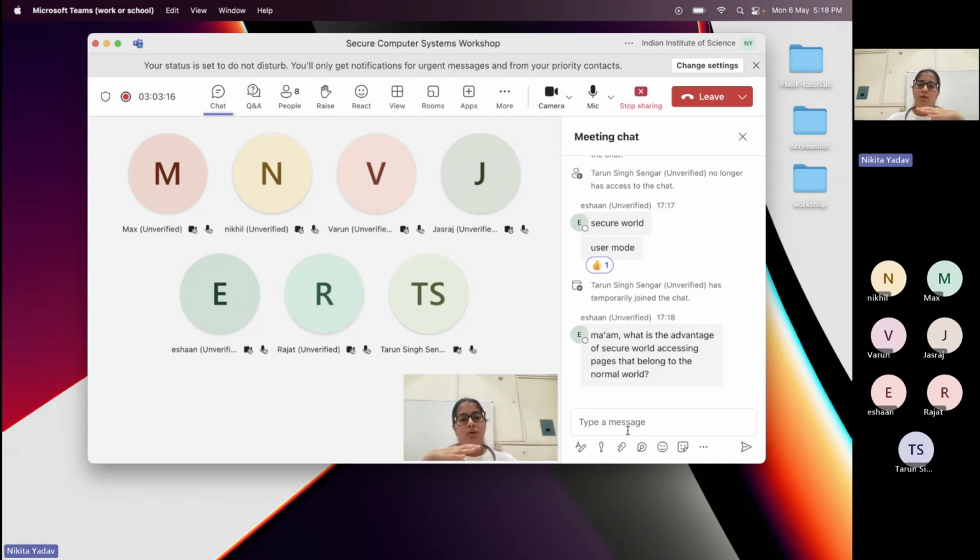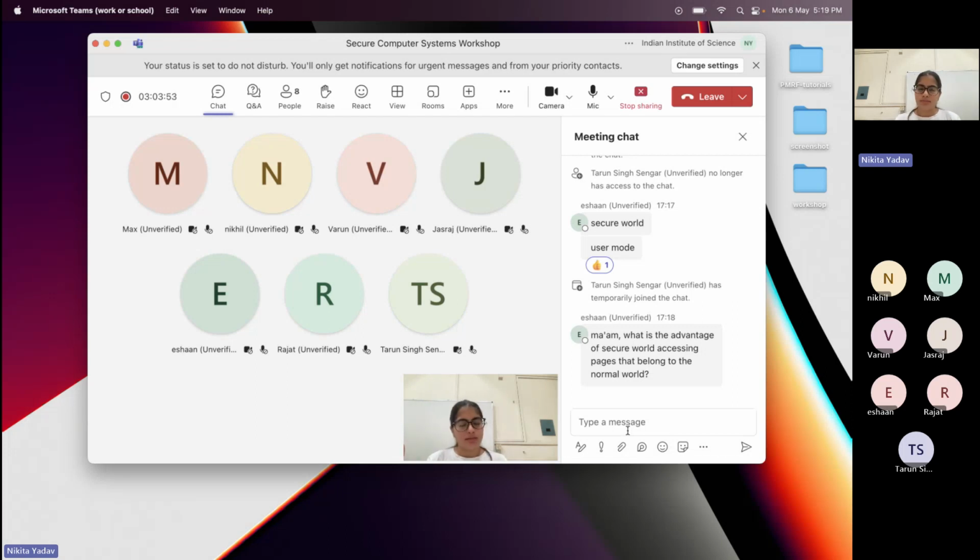Basically, the secure world can scan the memory of the normal world and try to see if there is some malicious binary or something. Since it has access to the entire memory, it can look at the memory content and detect if there are any viruses on your system or not.